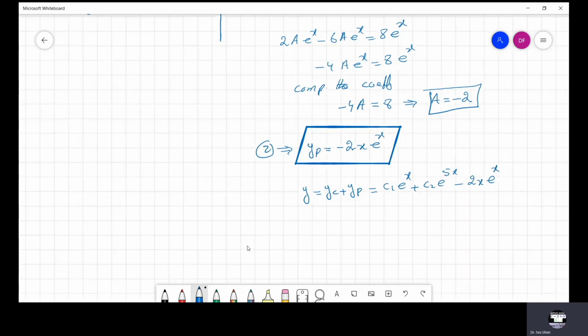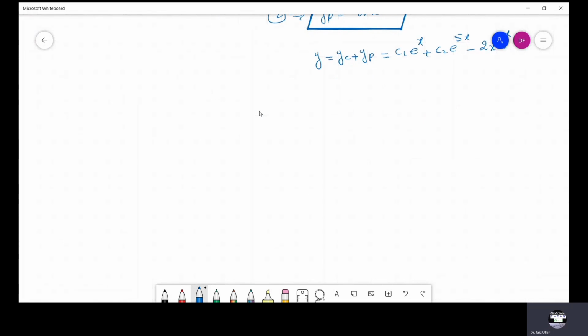Now let us explain this note a little more. In this question, we saw that yc was c1 e power x plus c2 e power 5x.